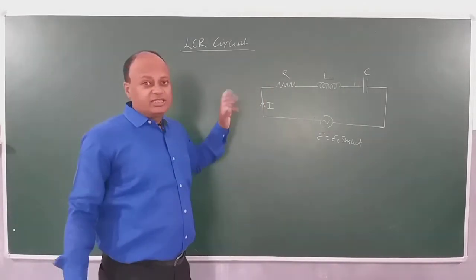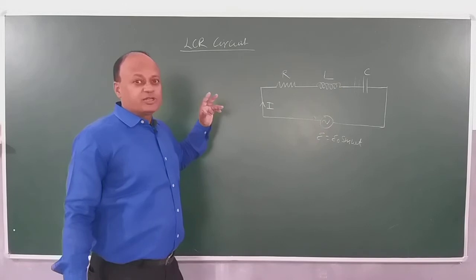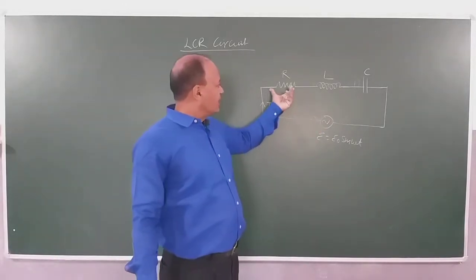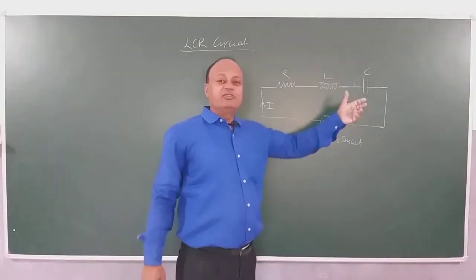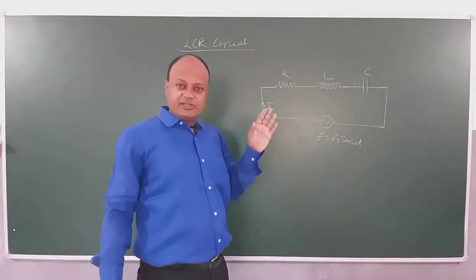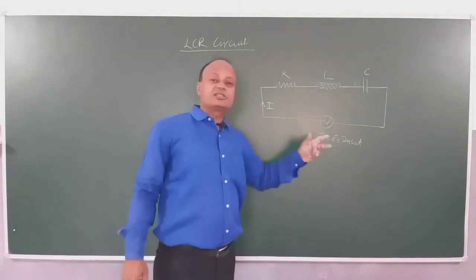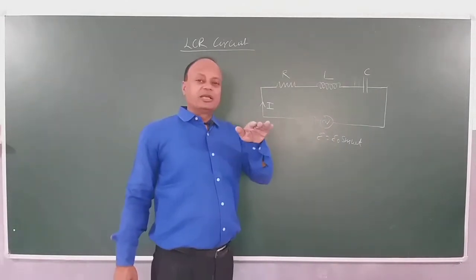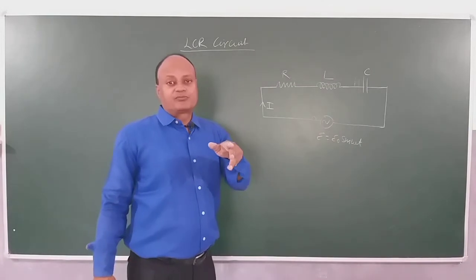See, this is not a DC circuit. If it was a DC circuit, then I would have said that the potential difference across R, L and C will be in the same phase, but we know it is never in the same phase. Why have I spoken about current first? Because current will become like a reference line.